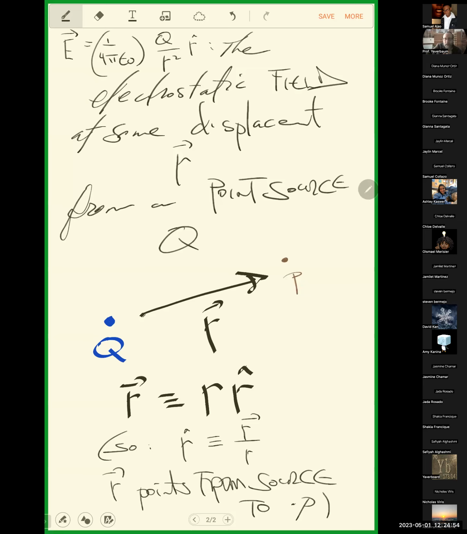And I'm going to draw that in a different way in a moment. But again, what I'm just trying to reinforce here is that field, that field by definition is net electrostatic force per charge, right?